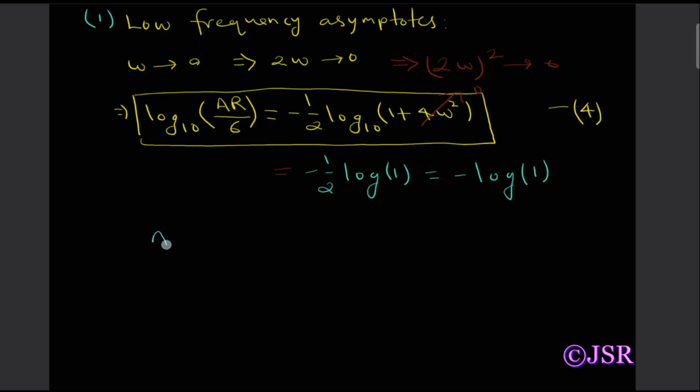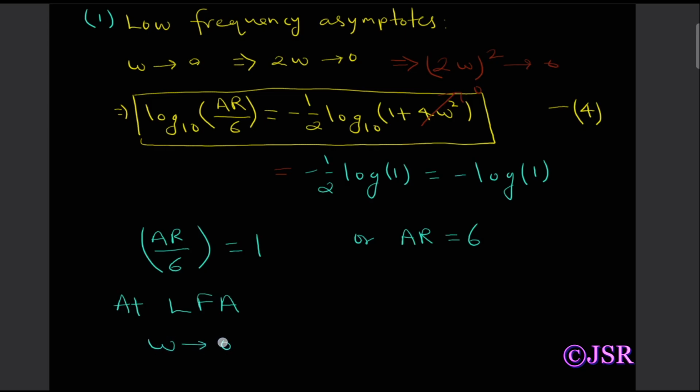So it means AR upon K will be equal to 1, or AR will be equal to K. So therefore, at low frequency asymptote, we will have omega tends to 0.